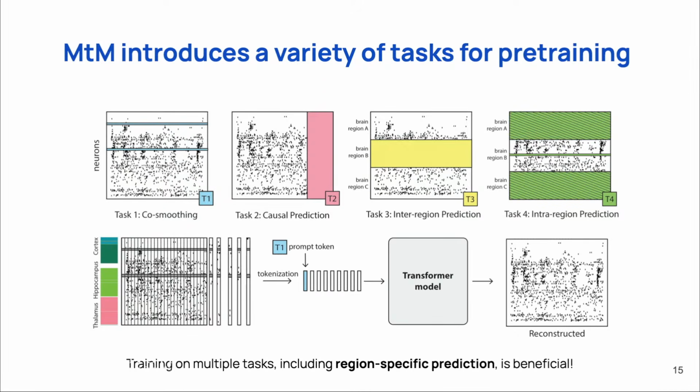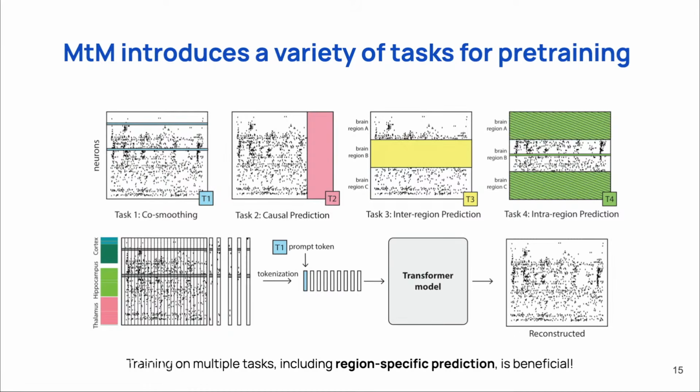In this particular work, we basically showed that perhaps in these still limited data regimes, using many different types of masking strategies and predictive objectives can help, and they all provide different sets of features to the model which are useful.